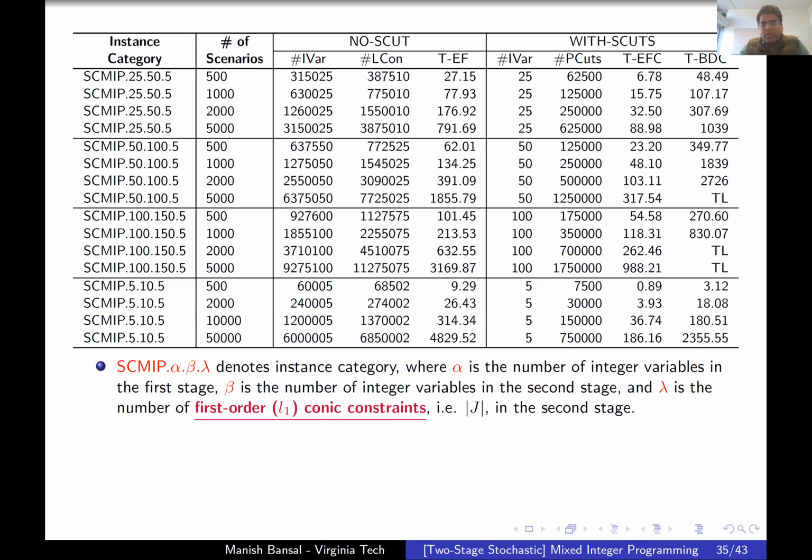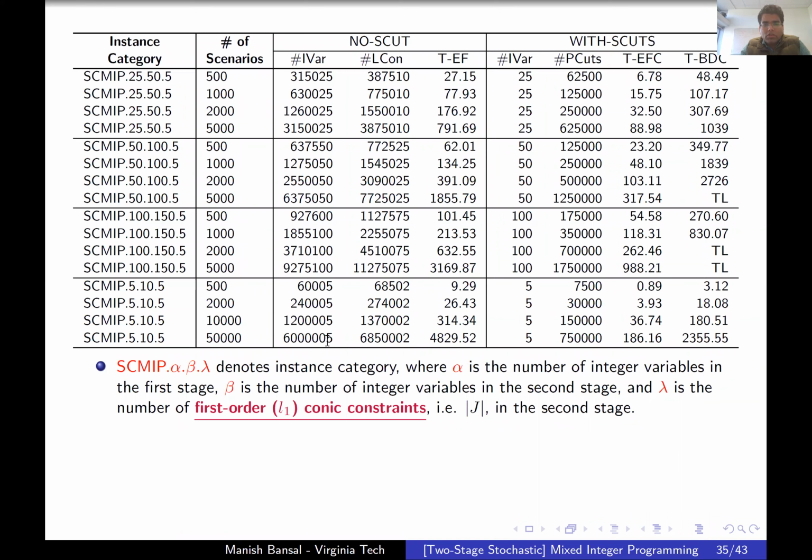Just to give you a glimpse, I won't get into the details, but these are some of the instances we generated. These columns up here are without cuts, and this is with cuts. If you observe the number of integer variables, this is the problem which has 5 first stage integer variables, 10 second stage integer variables, and these are the number of scenarios. As the number of scenarios increases, the number of integer variables in the problem increases rapidly.